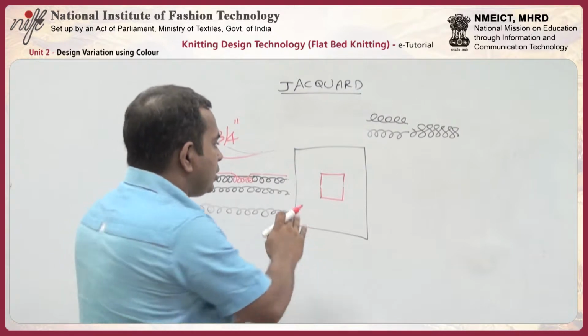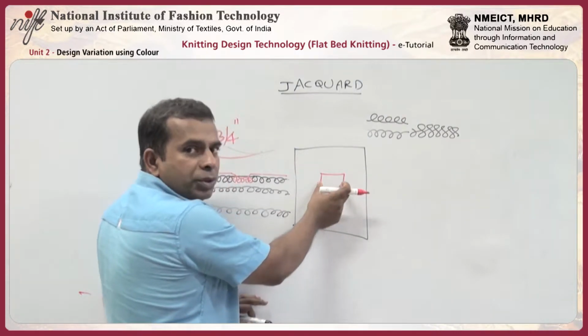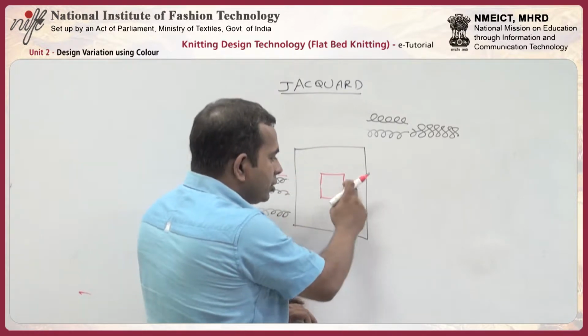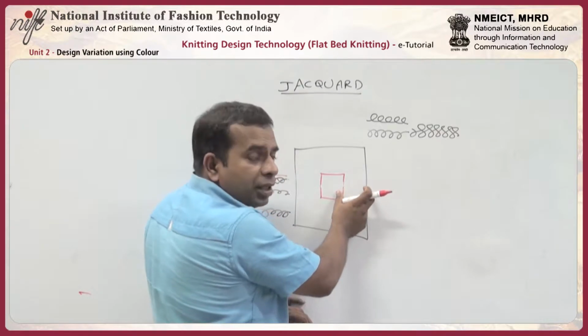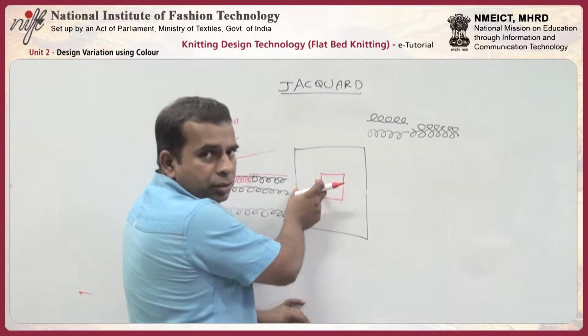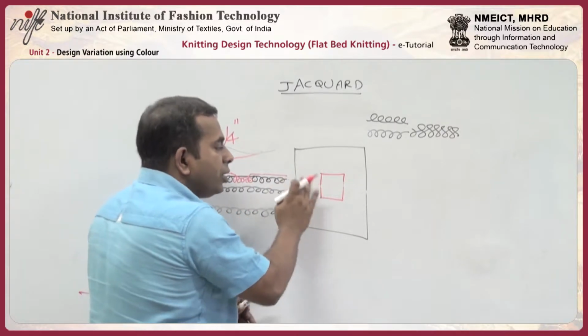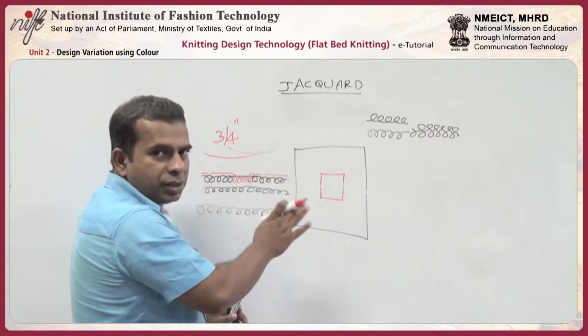That also means we cannot have this kind of design because this in actual would be more than 2 inches. That means black is going to float for 2 inches. Here we are going to have again more than 2 inches. Red is going to float here close to 3 inches. We cannot have such kind of designs if we are trying to do single jersey jacquard.